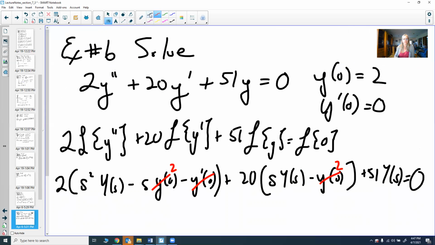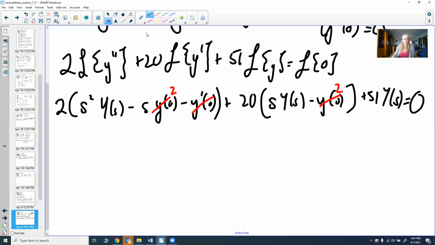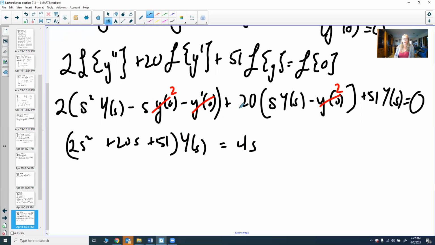Now, getting all my y of s terms together, I've got 2 times s squared plus 20 times s plus 51 times y of s. Then I have a minus s times 2, so a minus 4s to the other side. And everything else canceled. Okay, so we have 4s is equal to this.